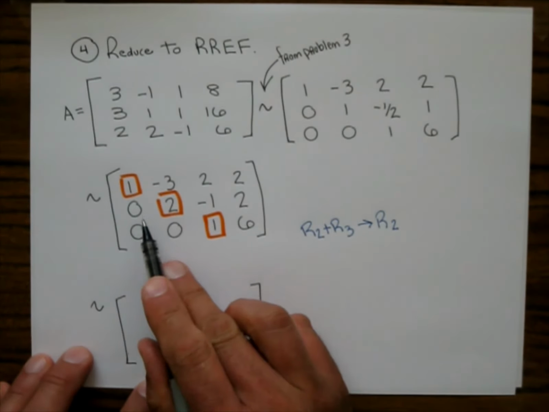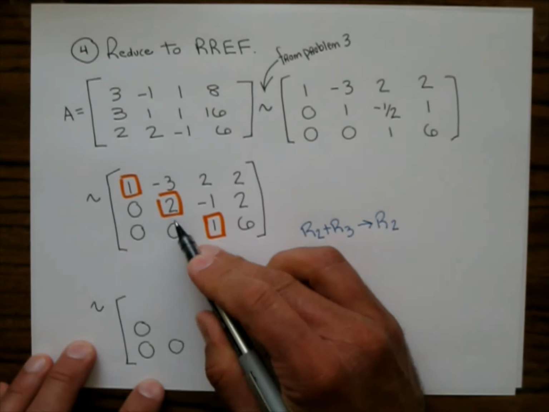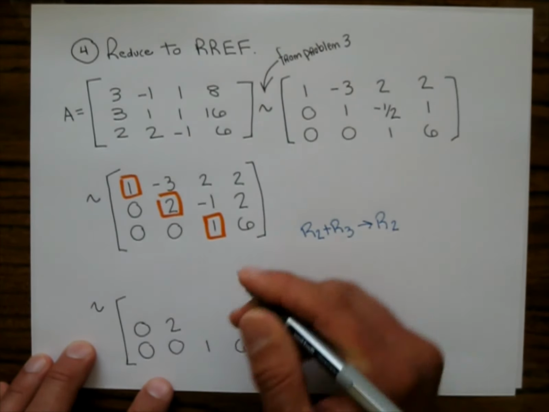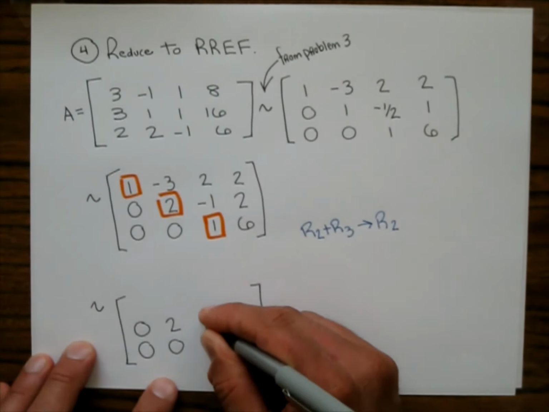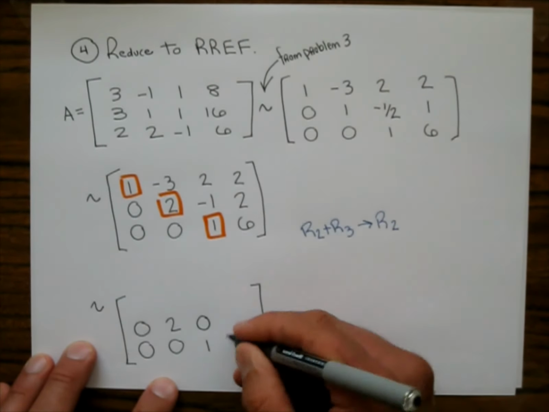So I have 0 plus 0, 0. 2 plus 0, 2. Negative 1 plus 1 is 0. That's what I want. And then 2 plus 6 is 8.